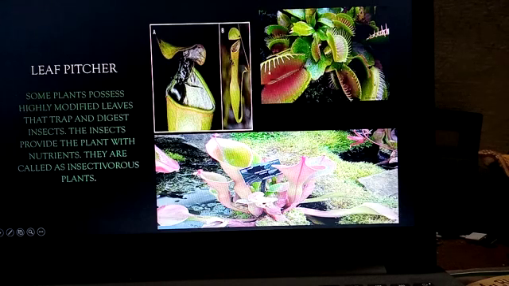See here, children, how nicely beautiful it is looking. And when any insect comes here, immediately it closes. When it closes, the insect gets trapped into it and it cannot come out, and the plant will eat the insect and get its nutrients. So this is the second modification, that is the leaf pitcher.